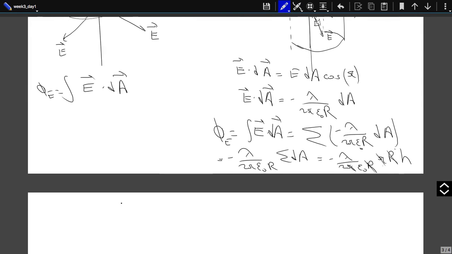So the total flux turns out to be minus lambda h over epsilon 0 times 1 over 2. This is the total flux passing through this half cylinder.